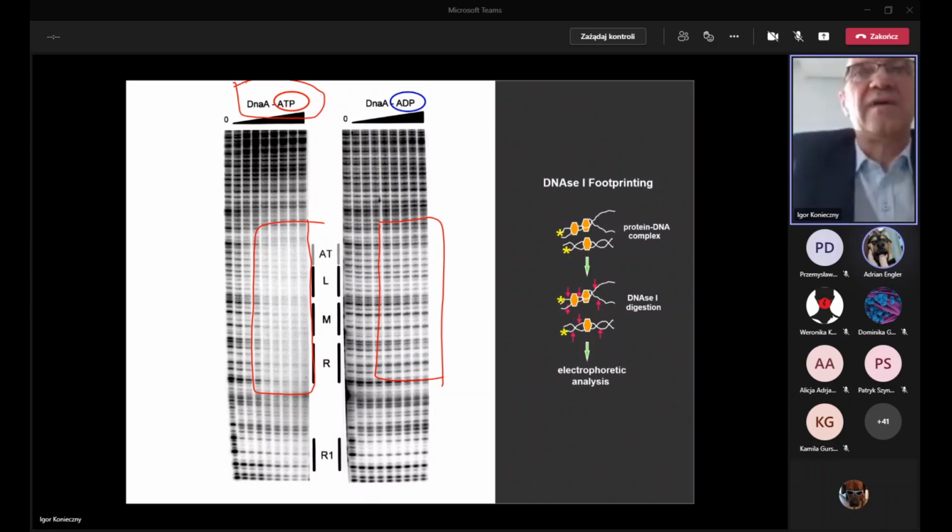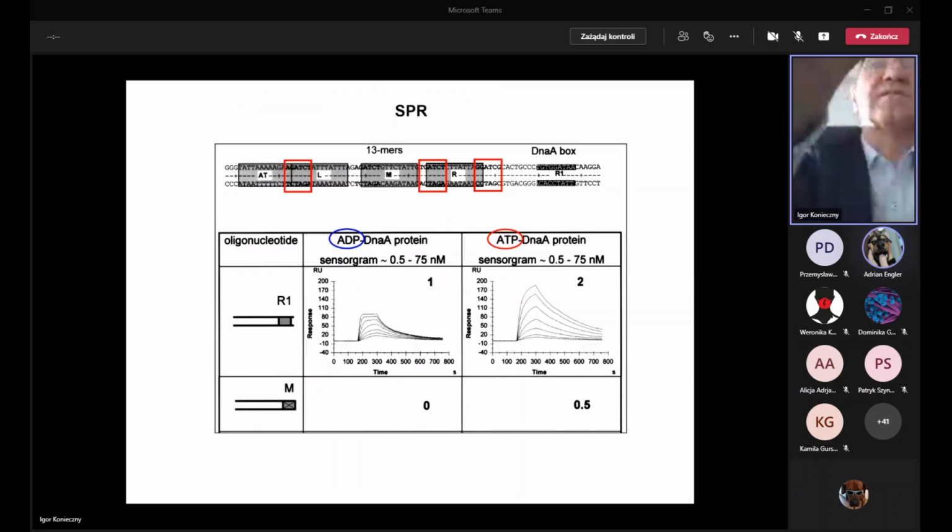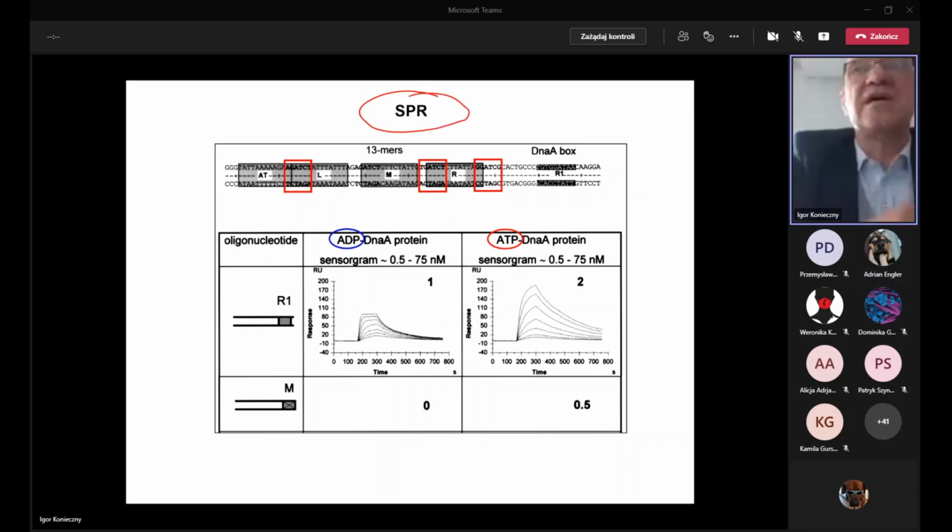And the next experiment is surface plasmon resonance, where on the sensor chip we can attach double-stranded DNA, and then we can identify the interaction of the protein with this attached DNA fragment.